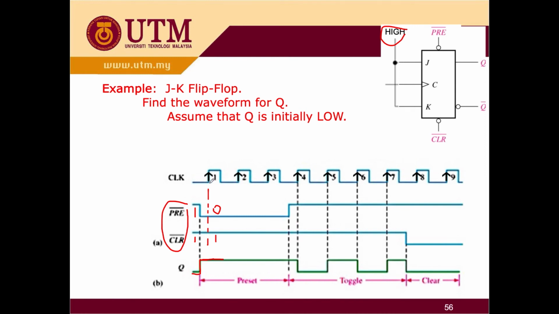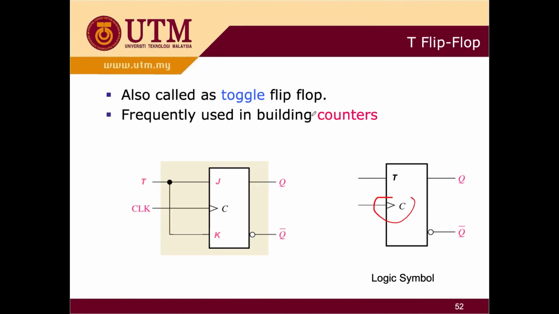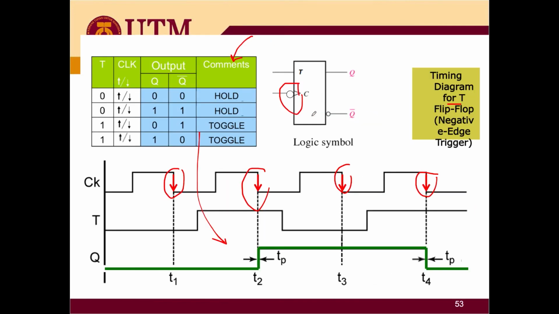You need to check also your clock, but you need to check the highest priority first. First is pre, second is clear, and then third is clock. So you need to see now about your clock. For your clock, you need to refer to this truth table.